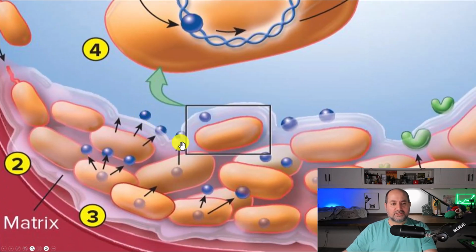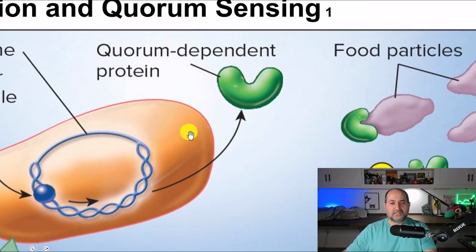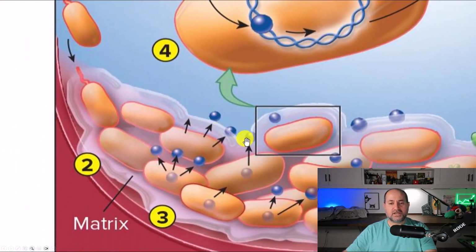Once these quorum molecules are concentrated enough, they can enter a bacterial cell in the biofilm and turn on various genes. In this case, the quorum-dependent gene produced this quorum-dependent protein. So this protein was made only because there was a high concentration of these blue dots, these quorum molecules, in the environment. That means that there's a sufficient number of bacteria to produce those quorum molecules.